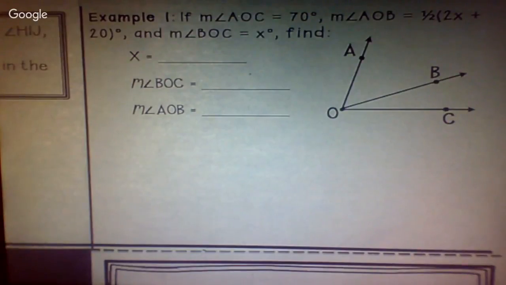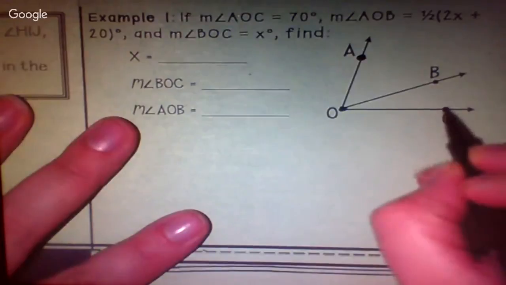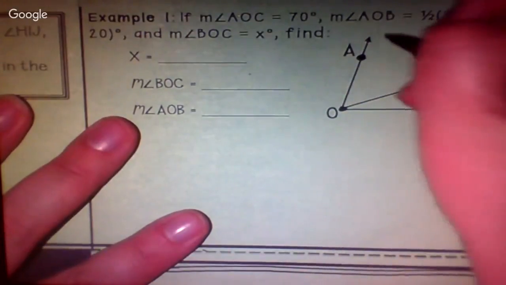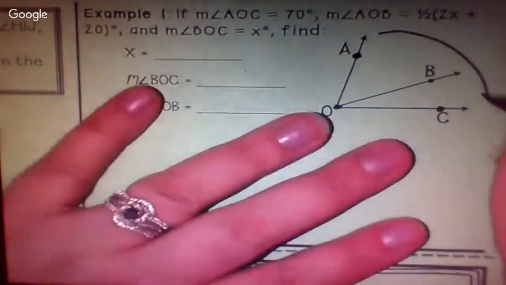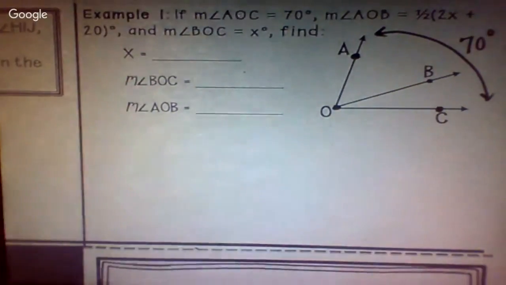So this says, if the measure of angle AOC, follow the letters they give you, AOC is the big angle on the outside. So this whole thing is equal to 70 degrees. The whole thing.